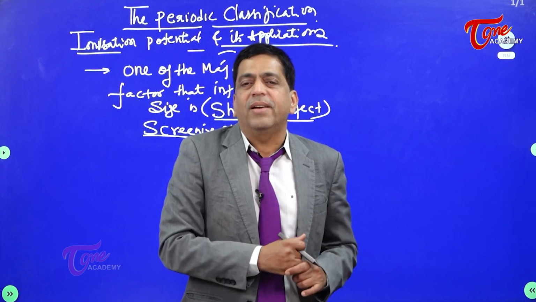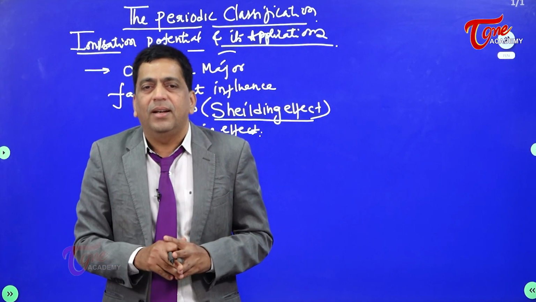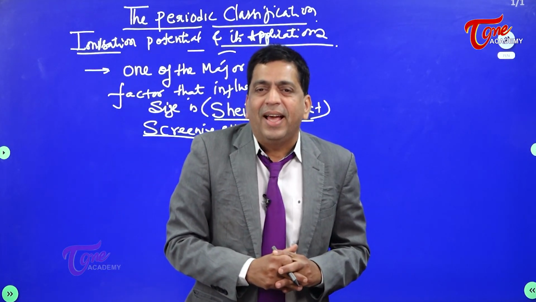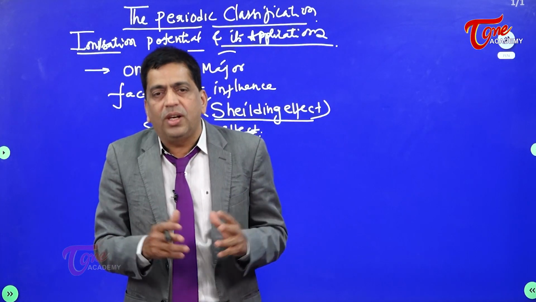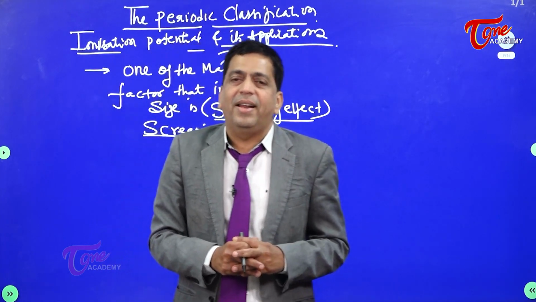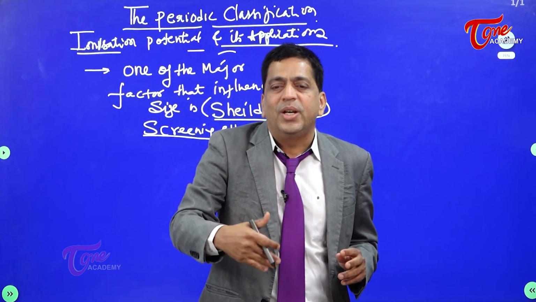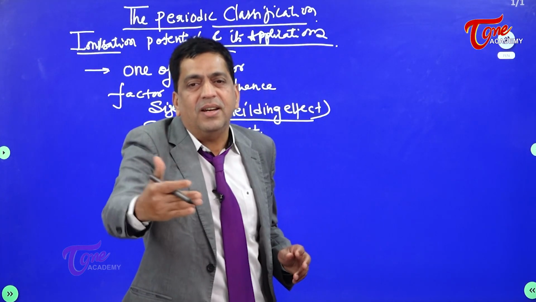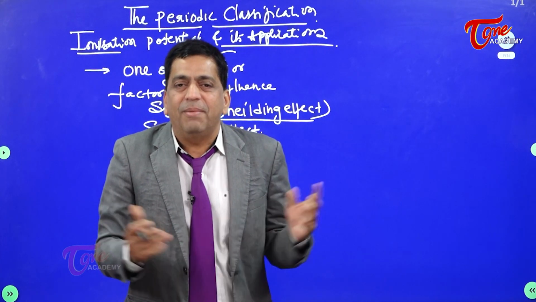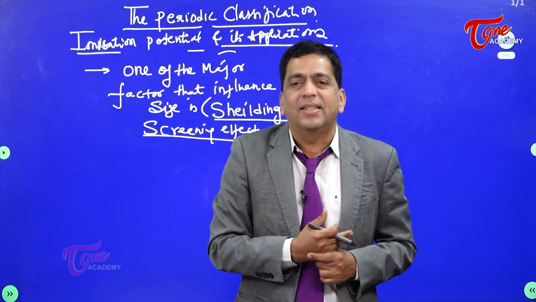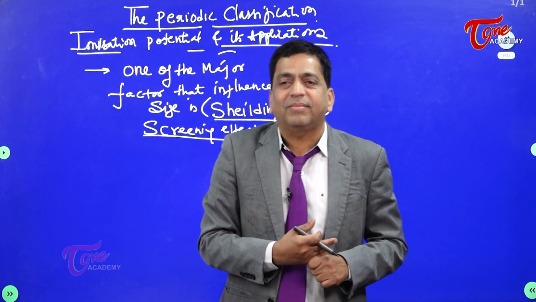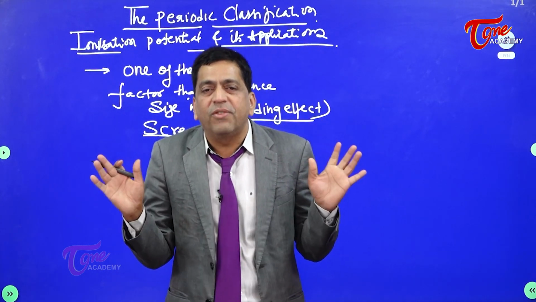Now, what is this shielding effect? Let us understand here. You have a nucleus, and between the outermost shell and the nucleus, you have several shells in between. And remember, we are matured in science, and I was always telling you, shell is no different from electron.